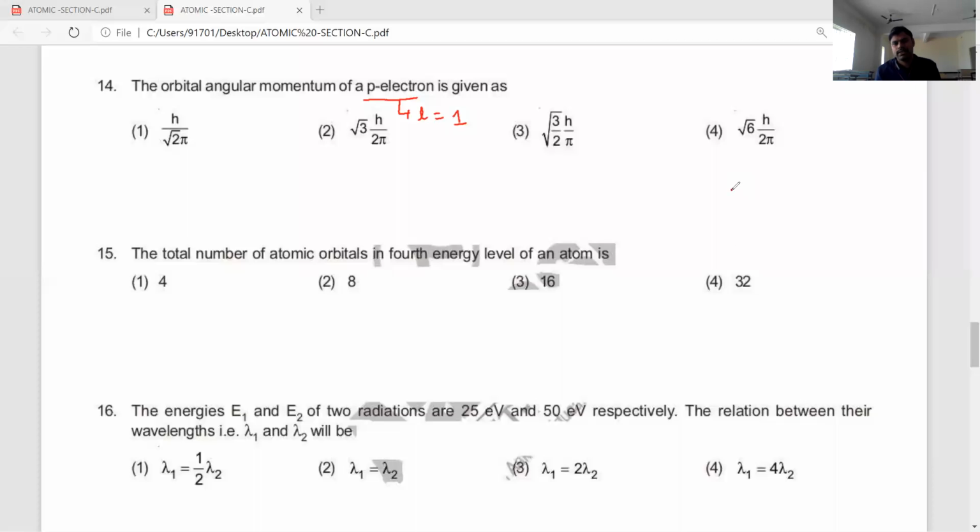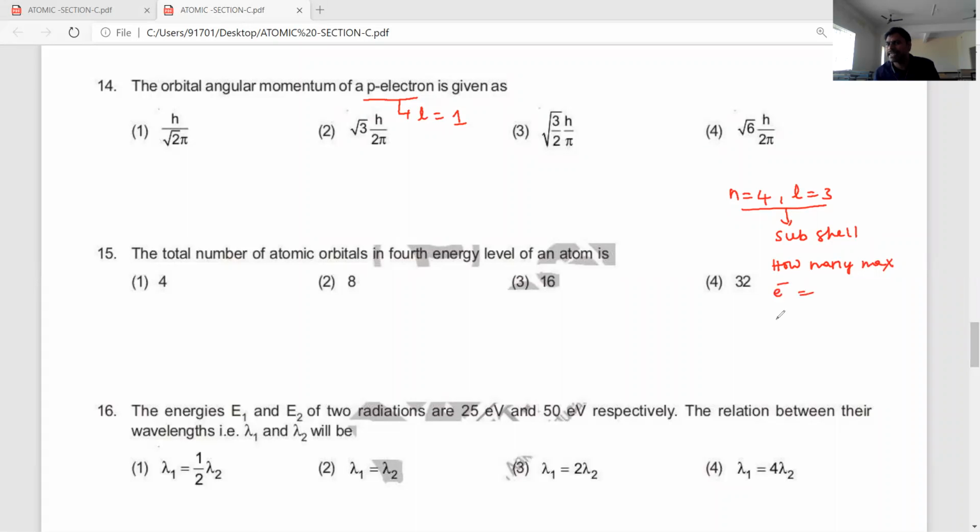In that 13th question, n is equal to 4, sorry, and L is equal to 3; this is one subshell. How many maximum electrons are asked?